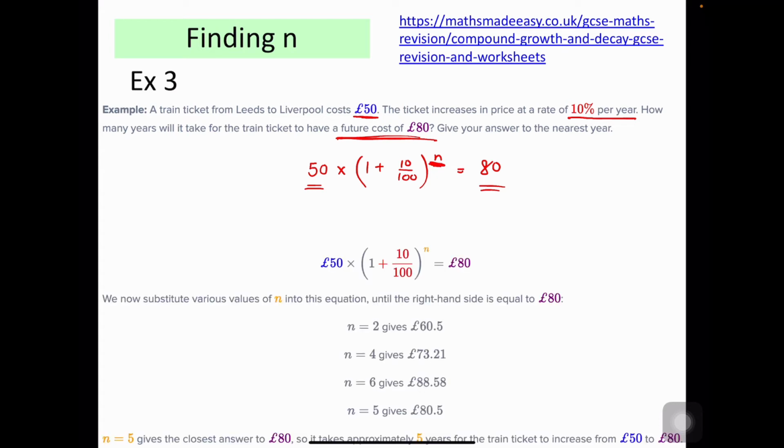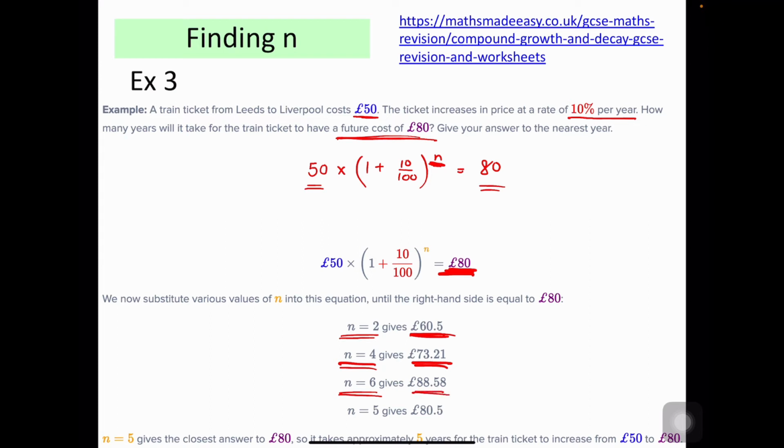So when you substitute n equals 2, your right hand side is 60.5. So of course that means we're going to have to substitute a higher n value to get to that 80, because remember our target is this 80, right? At the moment we have 60.5. N equals 4 gives you this. Again, we have to go higher.